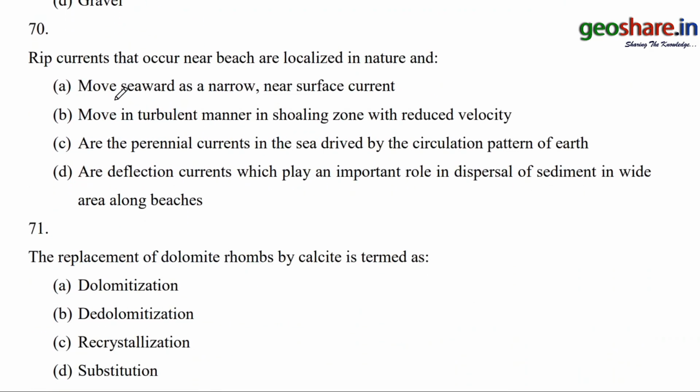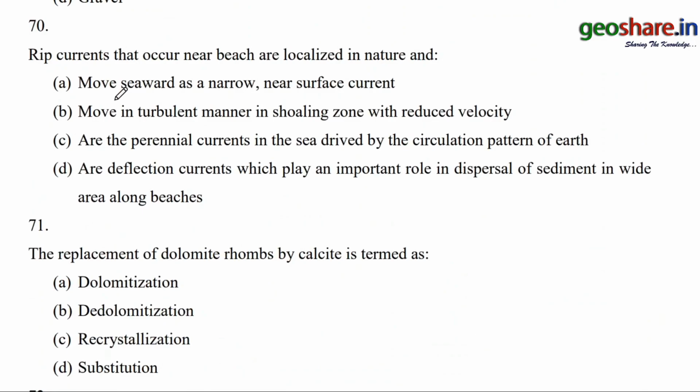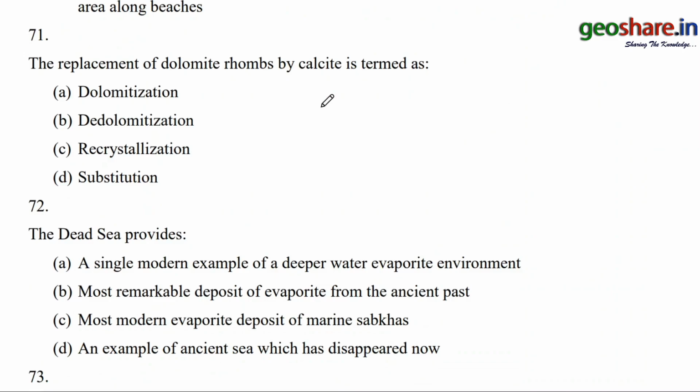Breccia. Rip currents that occur near beach are localized in nature and move seawards as narrow near surface current. The replacement of dolomite rhombs by calcite is termed as dedolomitization.